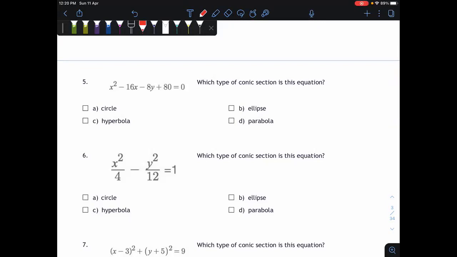So A is the coefficient of x squared. B is the coefficient of xy, and there is no xy term here, so it's 0.